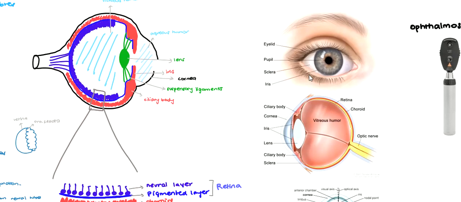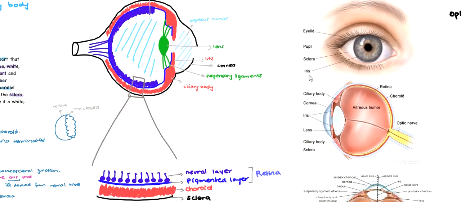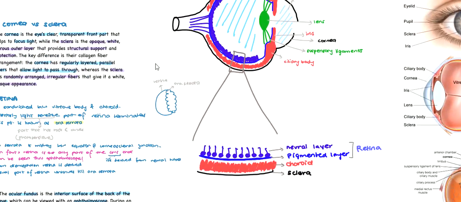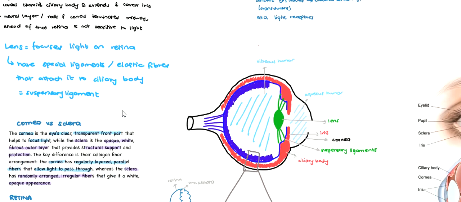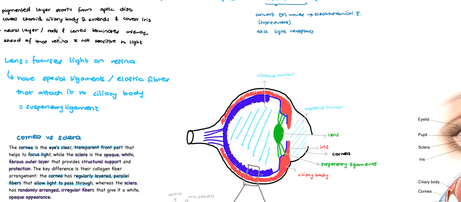Here I was telling you that ora serrata is the region where the neural layer of the retina terminates. Another very important point is that beyond the point where the neural layer terminates, the retina is no longer sensitive to light.